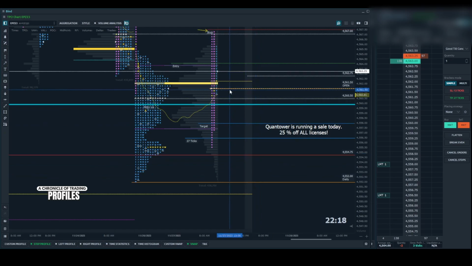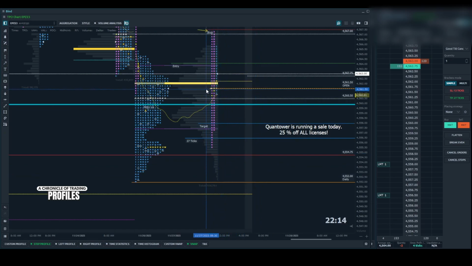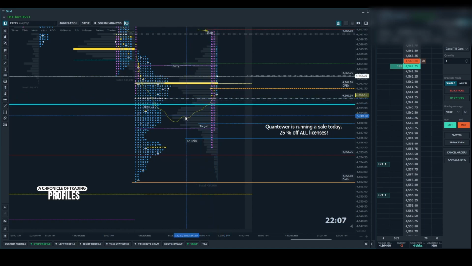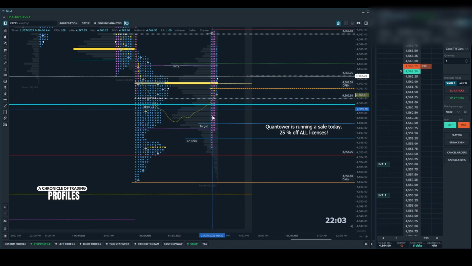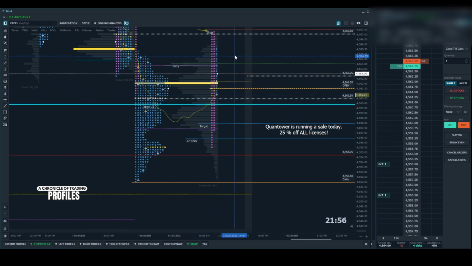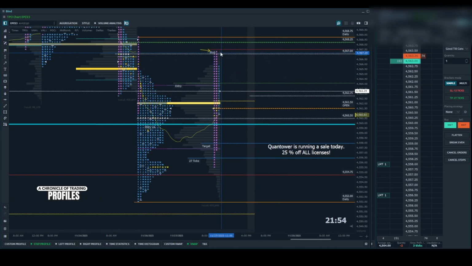I'm going to watch this. This is open, so I want to watch this area coming back. I want to watch the POC. Then you have this VWAP right here. It looks like they bought this here, but this was really just B period pushing back. But we do need to watch and see if they do buy it here. That'll be a sign that they want to try to take this higher and maybe take out this poor high.